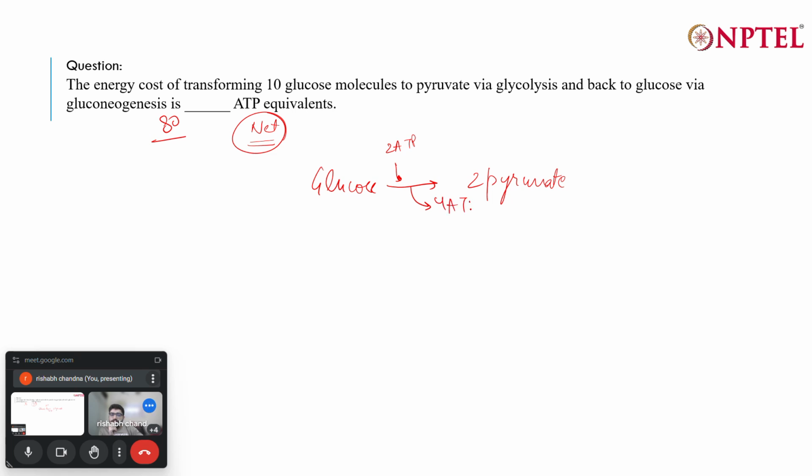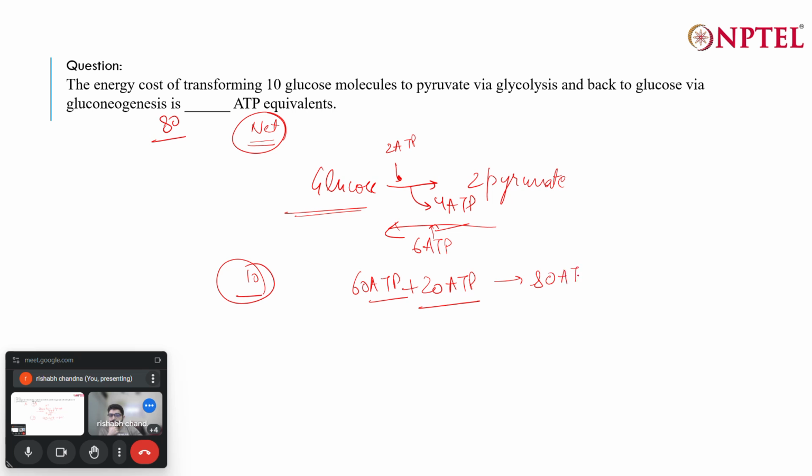But in gluconeogenesis, when the reverse happens, 6 ATP molecules are consumed for forming a glucose molecule. So for 10 glucose molecules in gluconeogenesis, 60 ATP would be required. And in glycolysis, 20 ATP would be required. So this would yield 80 ATP.